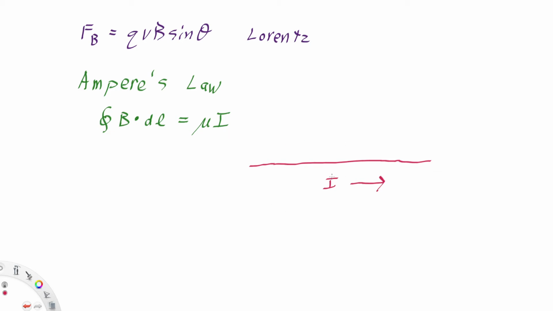If this is the situation, then the magnetic field produced by that long wire is equal to the magnetic permeability times the current in that wire divided by 2 pi times the distance from the wire. So at a distance, say up here, this is your R here.